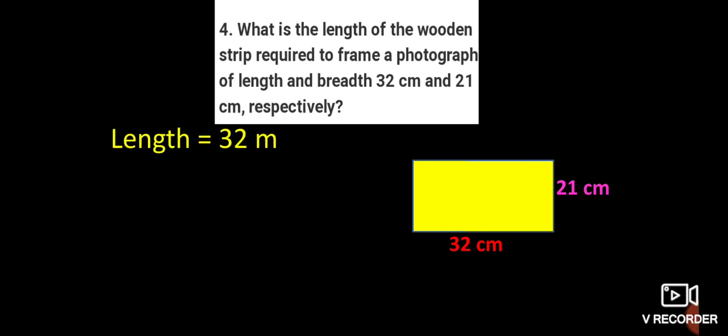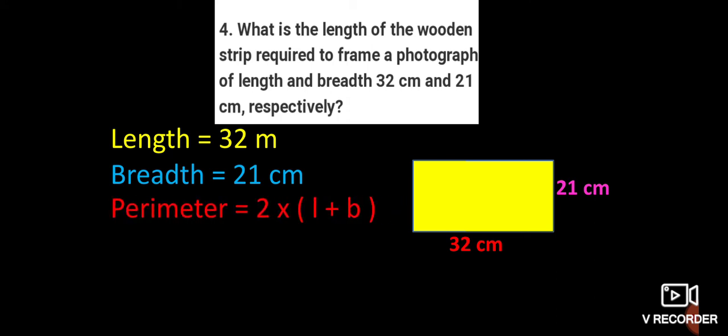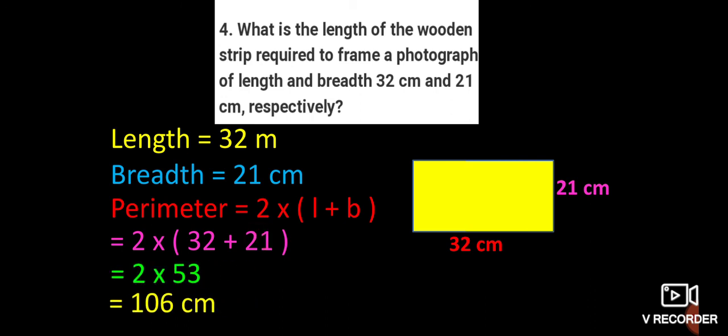Length equal to 32 centimeter, breadth equal to 21 centimeter. Perimeter is 2 into (L plus B). Applying these values, 32 plus 21, what is the sum? 53. Then by multiplying, we will get 106 centimeter.